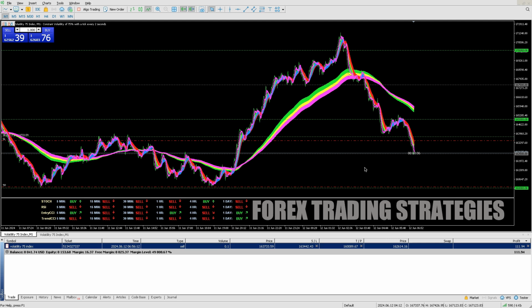Otherwise, you're going to be in some money and then out of money, even if you got the trade right. So yeah, this is basically what I'm playing with at the moment. We'll learn about this as we go, and it's very profitable.